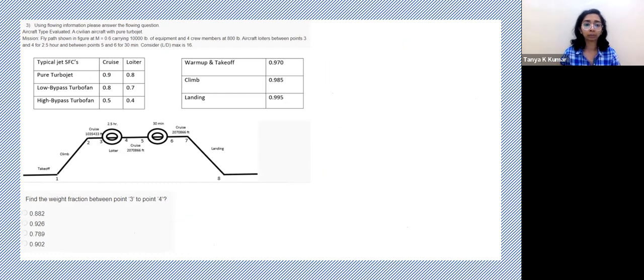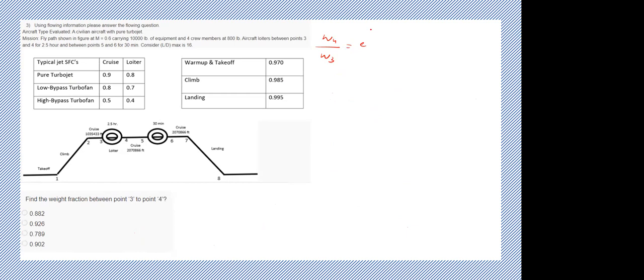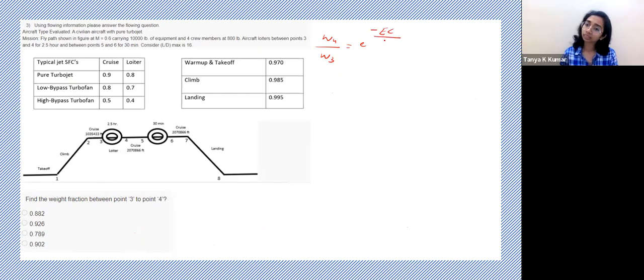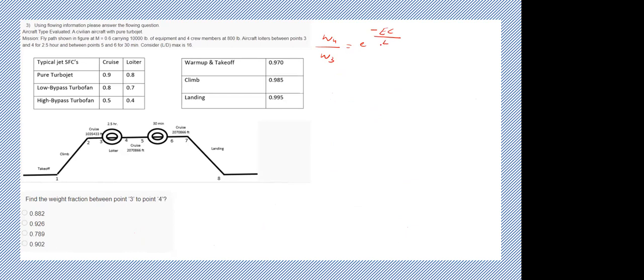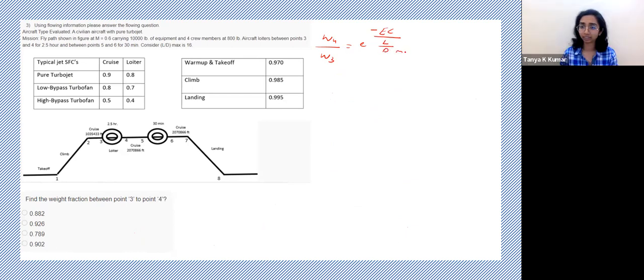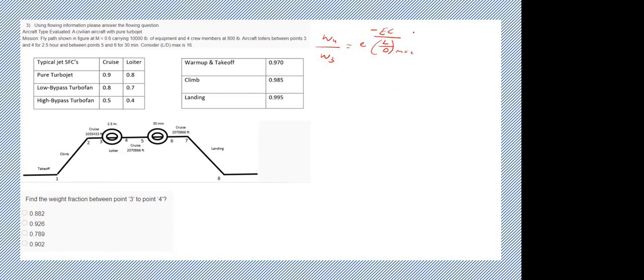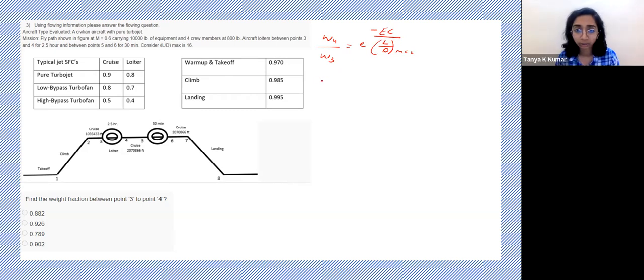Next, the weight fraction between points 3 and 4 is W4 by W3. What is the equation? E raised to minus E C upon L by D max, for loiter. Let's substitute the values.